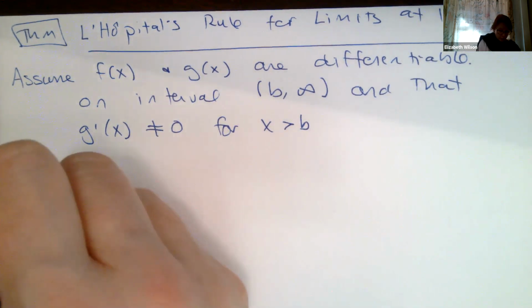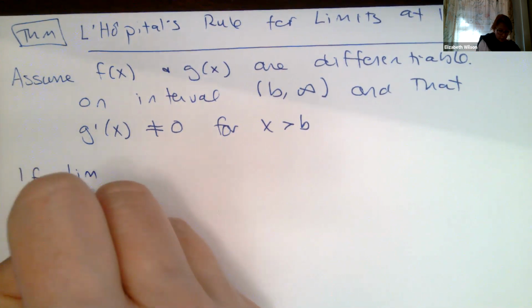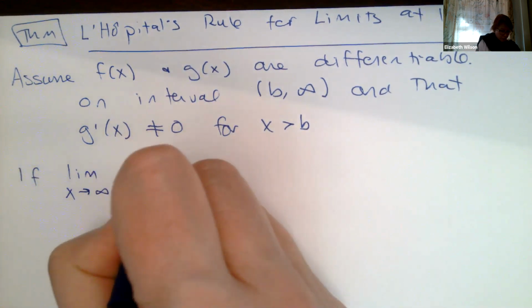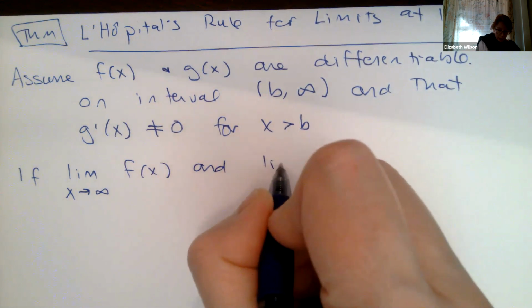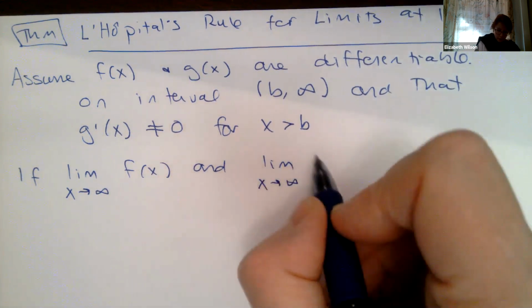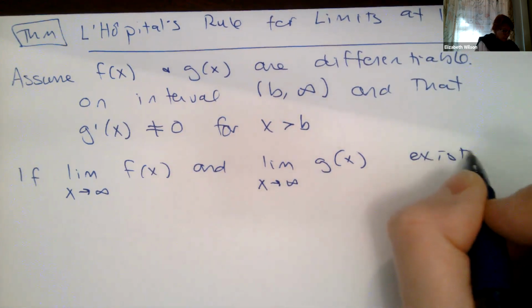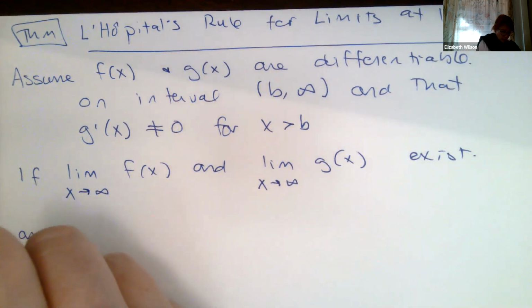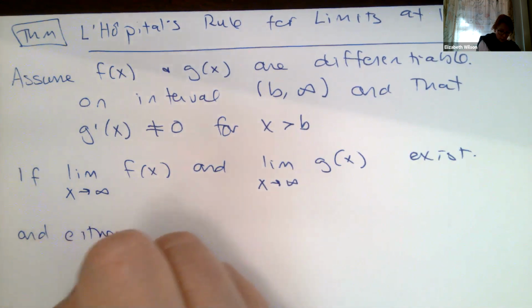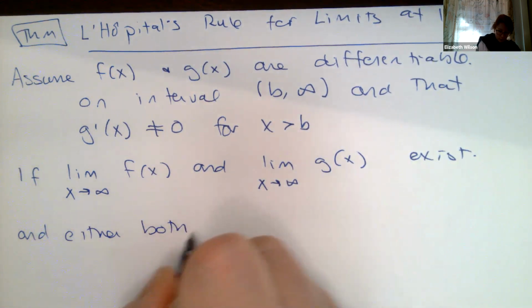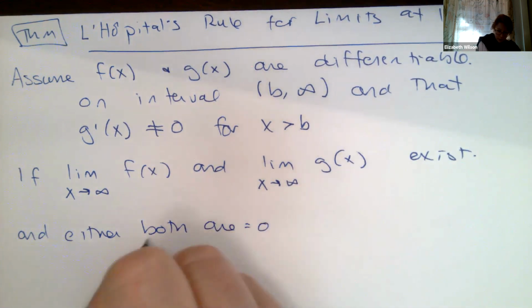So if the limit as x goes to infinity of f of x and the limit as x goes to infinity of g of x exist and either both are equal to 0, right?